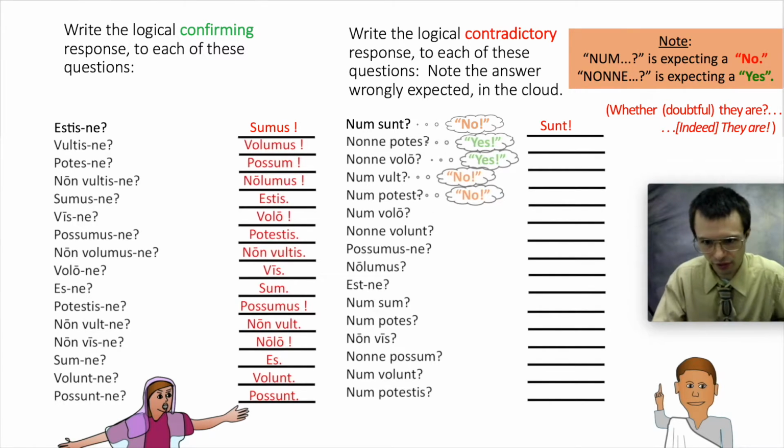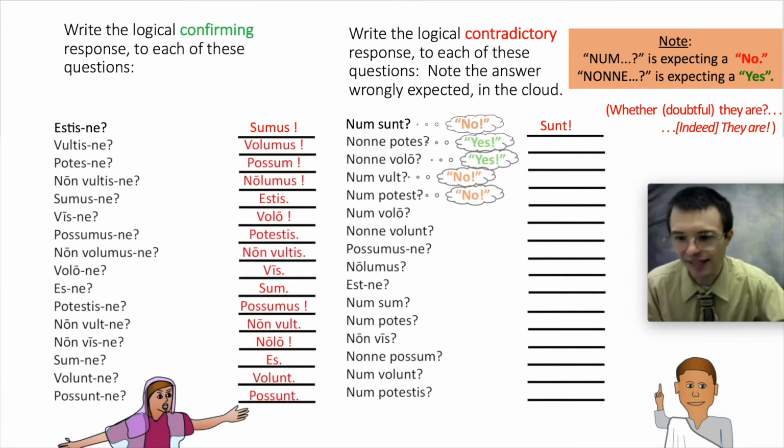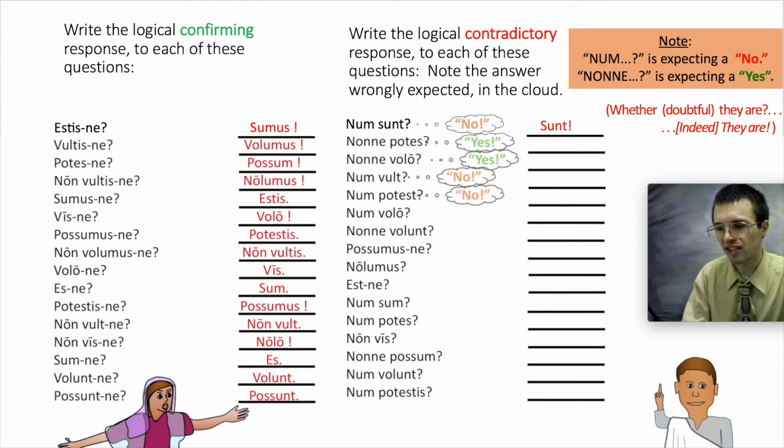So, for instance, I'll do the first one. They aren't, are they? Expecting a no. Well, you respond affirmatively. Yes, they are. Now, if you wanted to say yes, you could. That's ita. But more often than using ita, most Romans would just respond affirmatively by restating the question. That's how you give a yes.